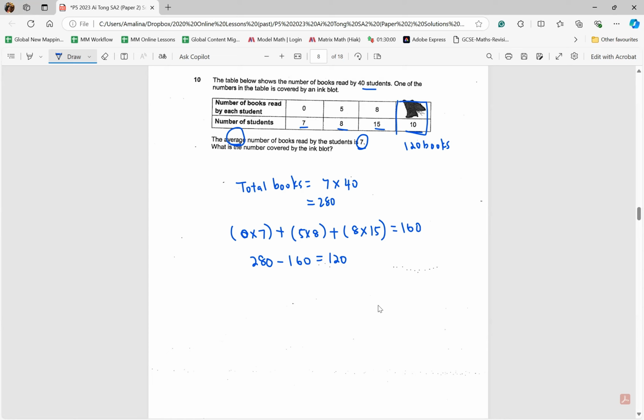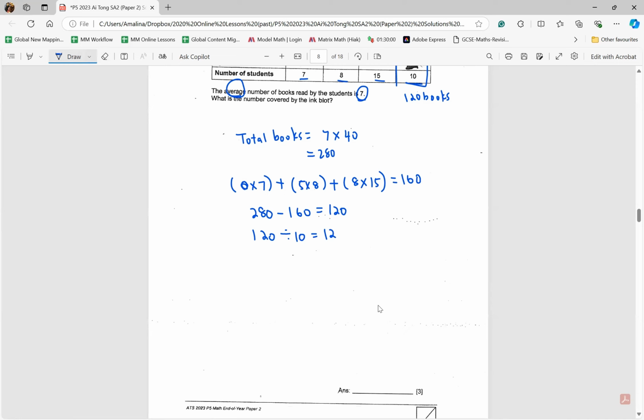So 10 students read 120 books. I want to find for one student. So I take 120 divide by 12. That will give me 10 books. Sorry, 120 divided by 10. That will give me 12 books. So the number covered by the ink is 12.